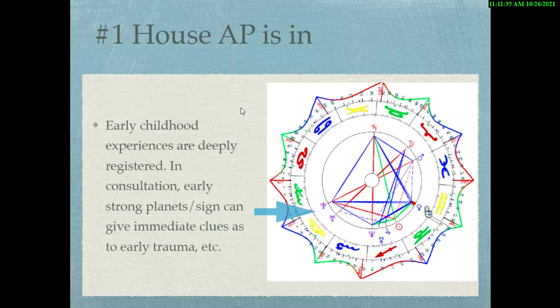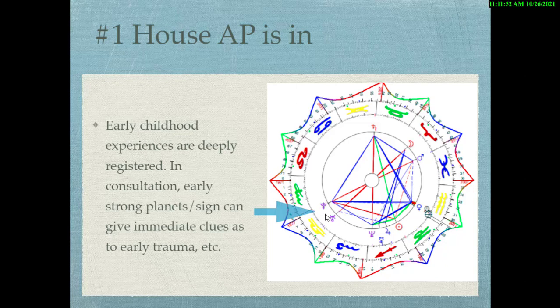So anytime there's an experience with Pluto at an early age like that, we start to quickly look at the chart and understand what was going on that was significant around Pluto's unmodifiable principle at that age.